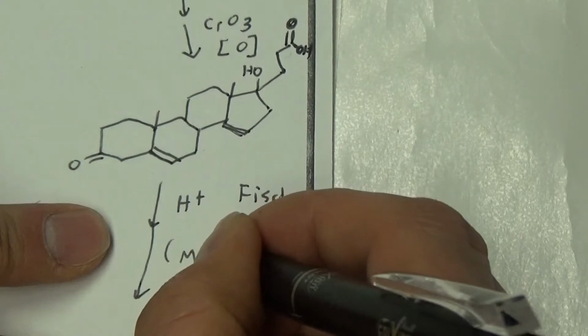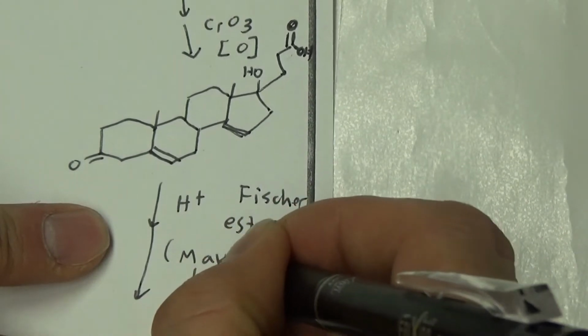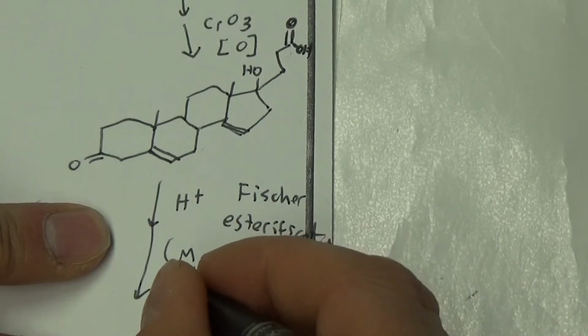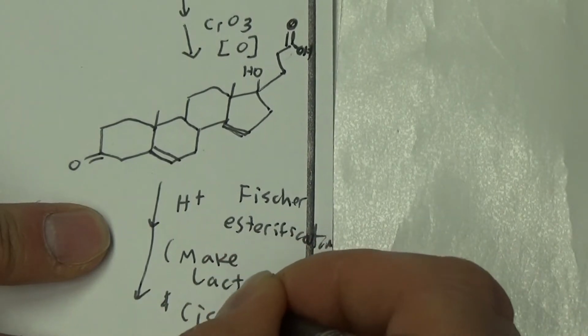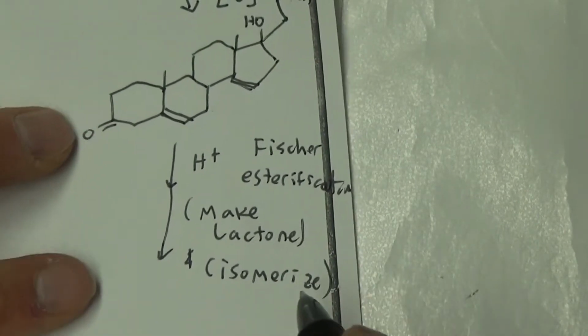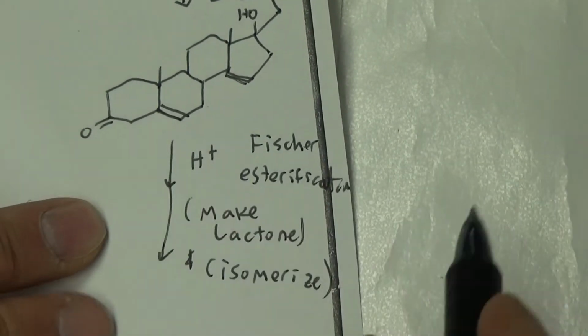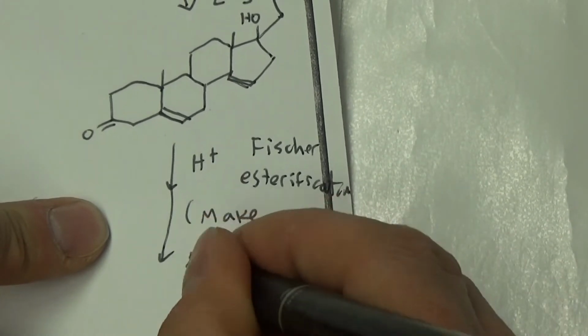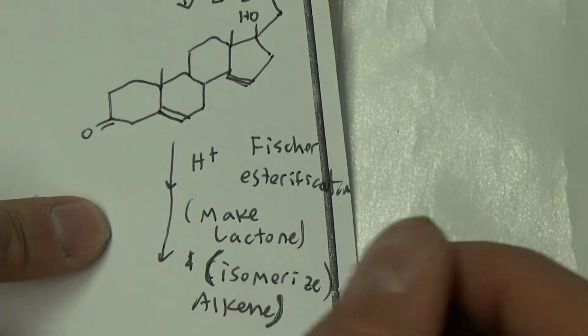Make lactone, the cyclic ester, and it also isomerizes the alkene. Isomerize just means move. So those are the 2 things that happen.